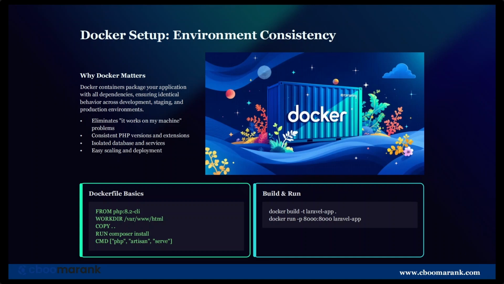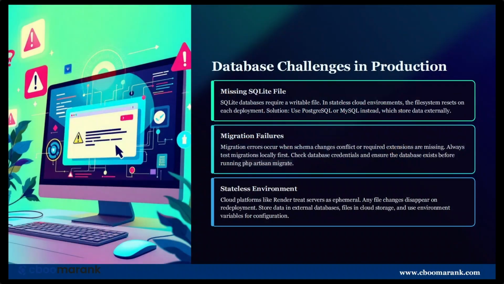During our production process, we may face several database and UI challenges. Now here is where things get real. What works locally doesn't always work in production. For example, SQLite.